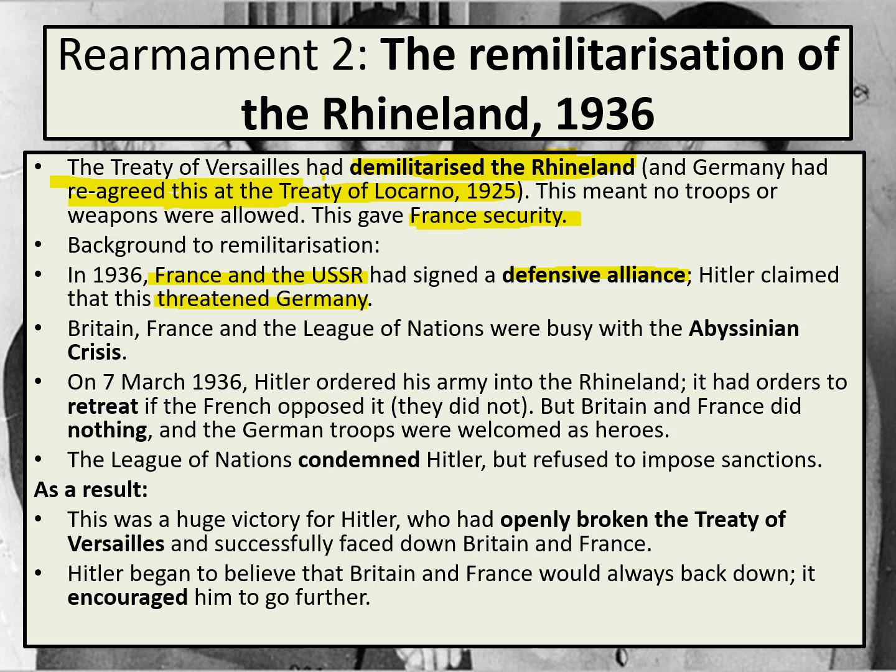Britain, France, and the League of Nations, at this point in 1936, were also busy with the Abyssinian crisis. So this was a great time for Hitler to take action in the Rhineland, because he had the excuse of what was happening with France and Russia, saying that he felt threatened and felt insecure.